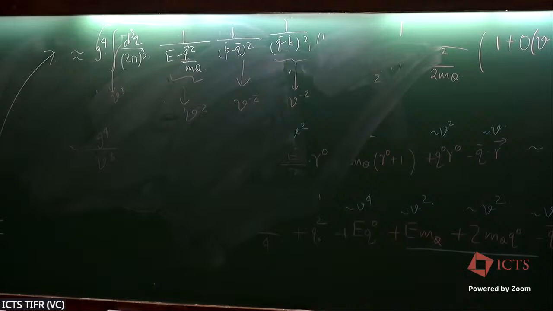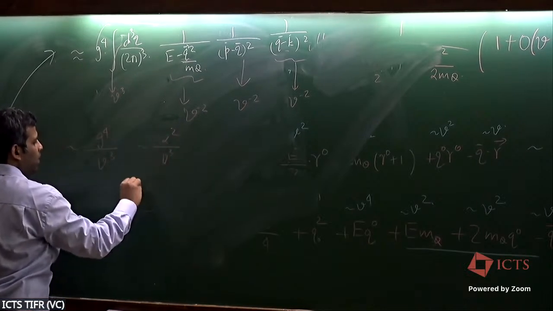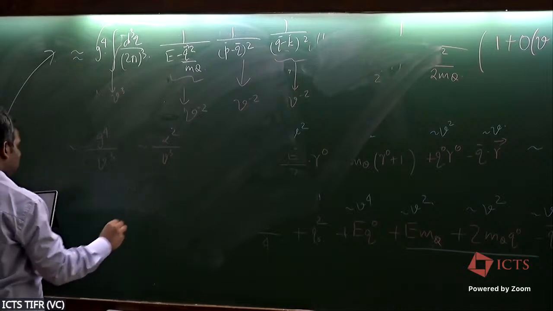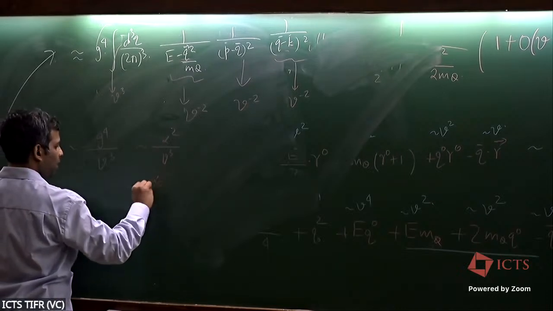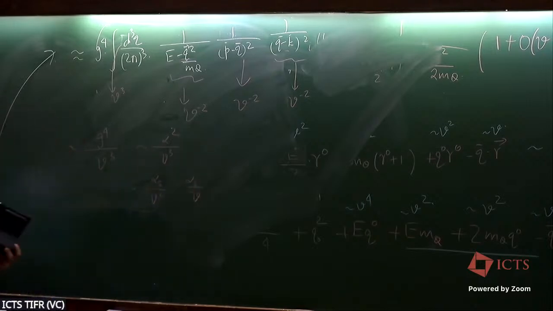So this overall scales as alpha squared by V cubed, which you write as alpha_s by V square times alpha_s by V. Is anything unclear? Please let me know.